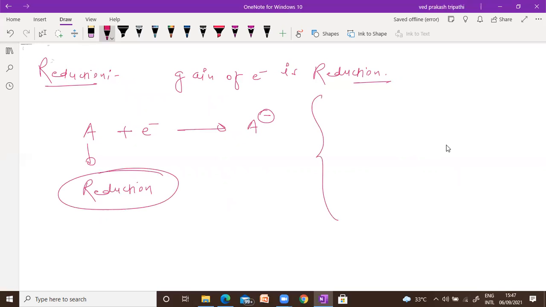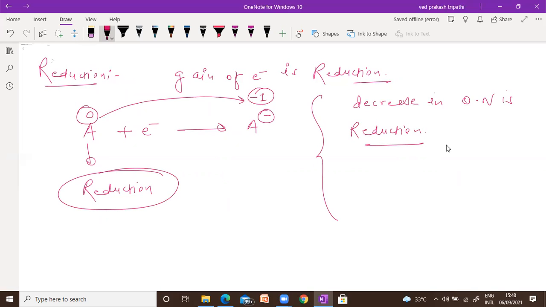And there is another definition, decrease in oxidation number is reduction. What does it mean? You can say this is 0 and this is -1. When you move from 0 to -1, that is a decrease in oxidation number, so that's why this is a reduction. So reduction is a gain of electron or decrease in oxidation number, while oxidation is a loss of electron or increase in oxidation number.